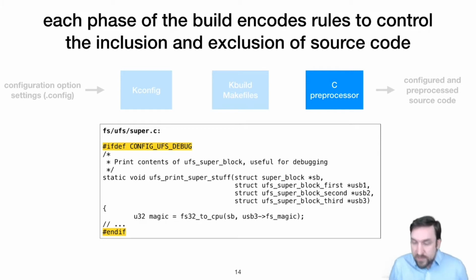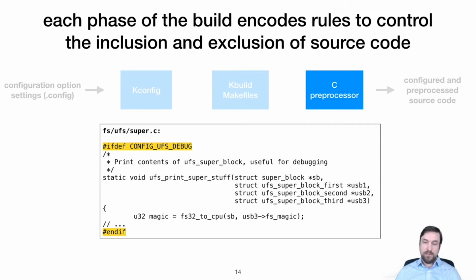What makes this tricky is that each one of these phases of the build process has its own language and its own behavior in how it goes from .config file settings into a selection of which kernel variation you want.